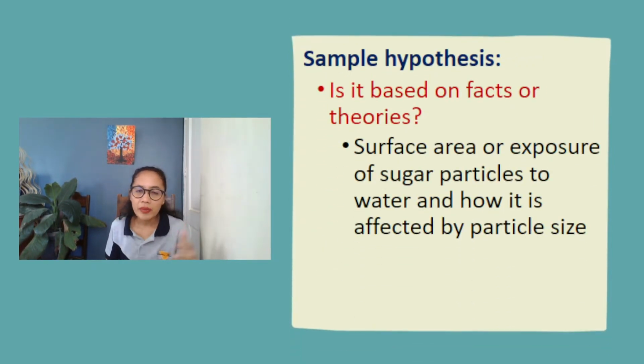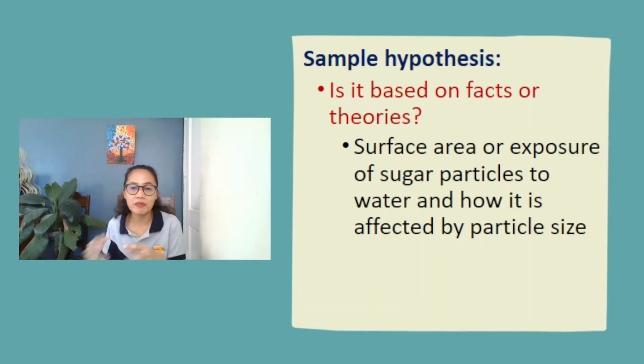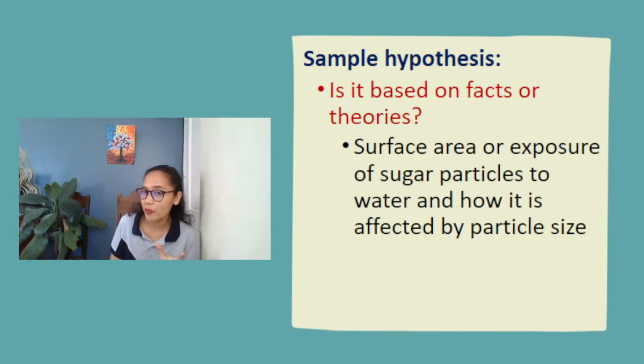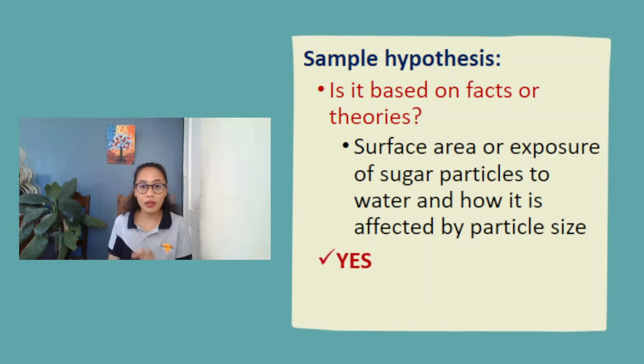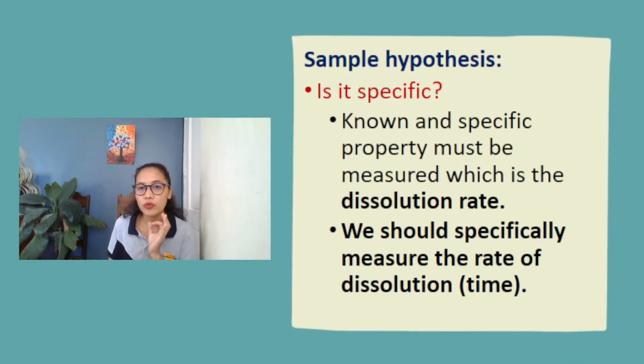Then, based on the hypothesis, surface area or exposure of sugar particles to water and how it is affected by particle size is being expressed. Therefore, this hypothesis is considered logical. Also, for a hypothesis to be specific, a known and specific property must be measured, and in this hypothesis, the dissolution rate.